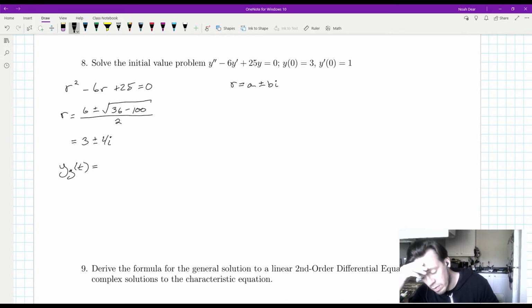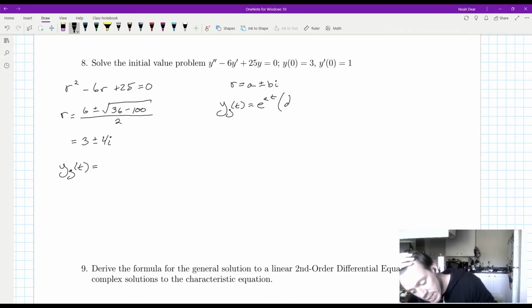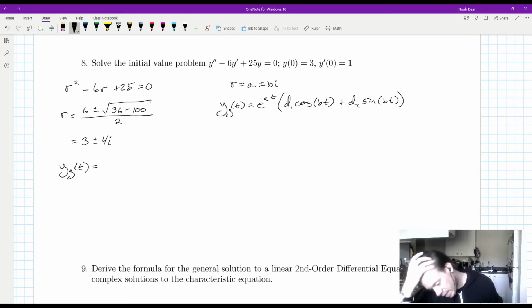We choose the a value and the b value here. And the general solution has the form y sub g of t equals e to the at times d1 cosine of bt plus d2 sine of bt. Close out our parentheses here.